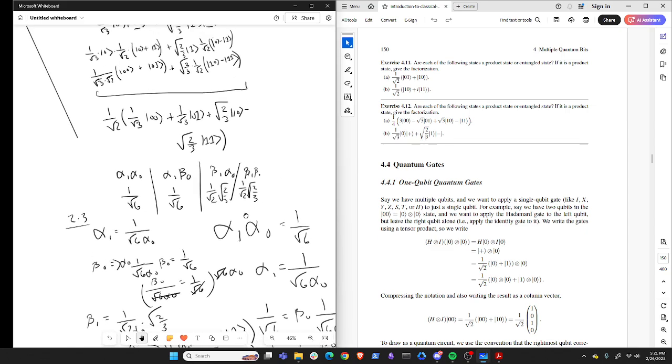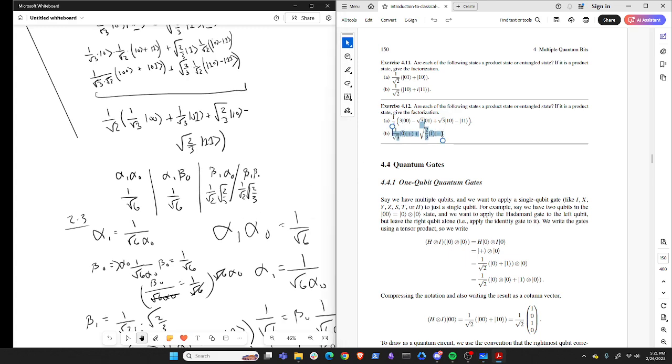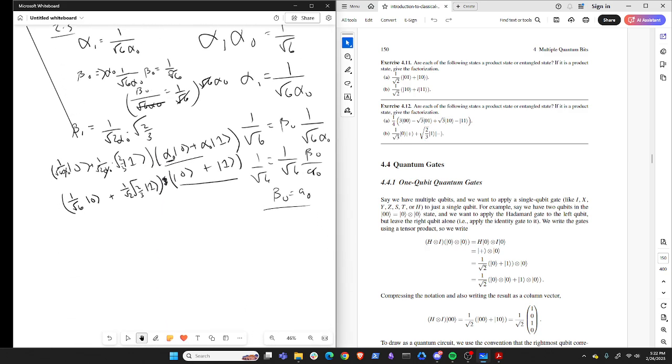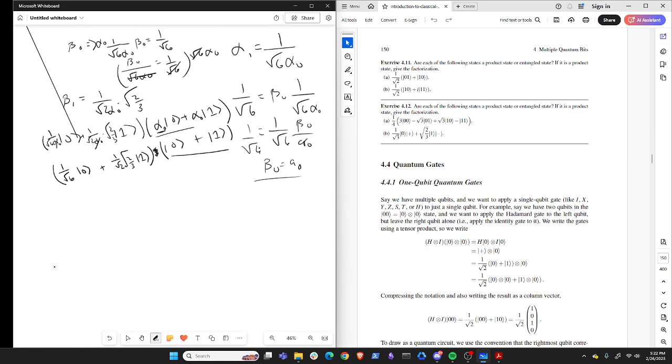So typically, this state here, this superposition, is normalized because it gives us 1/3 plus 2/3 equals 1.